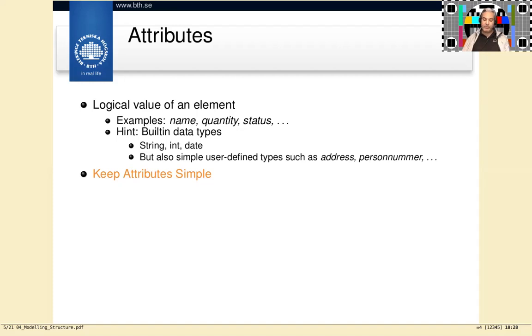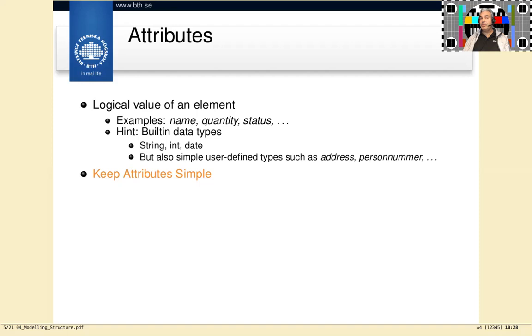So the moment you realize that something is more complex and has an importance of its own rather than just as a value on some other concept, then it probably is a concept.